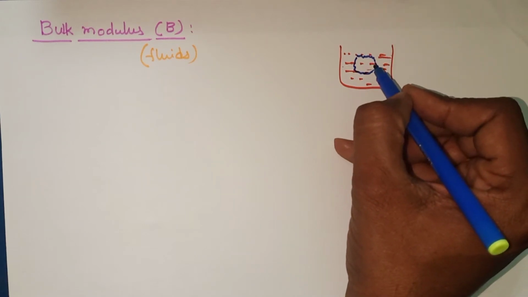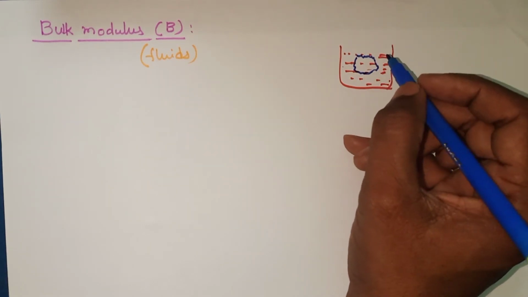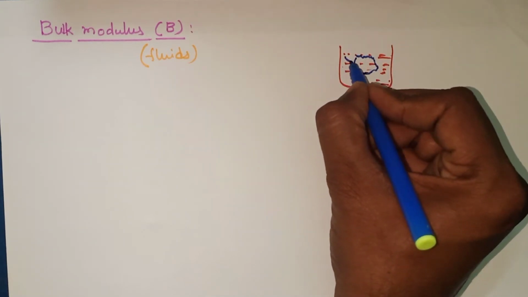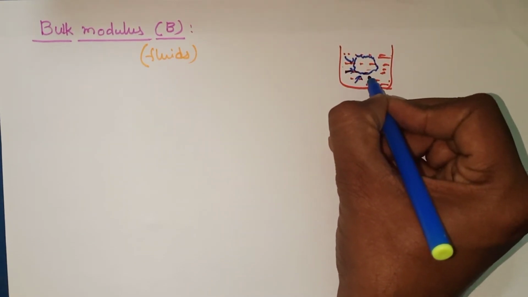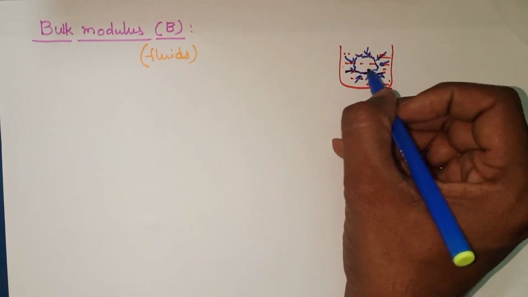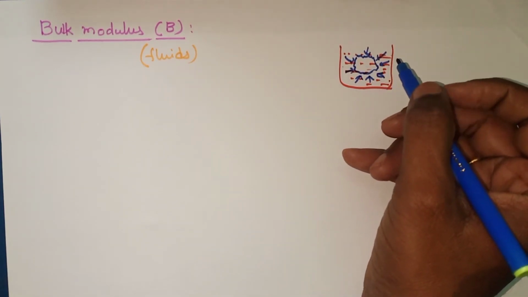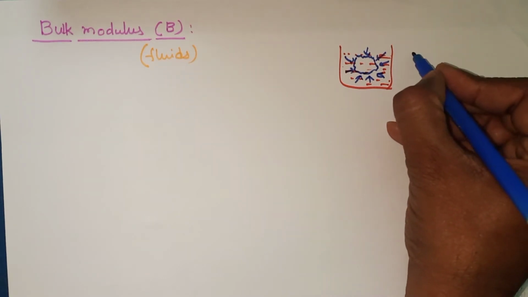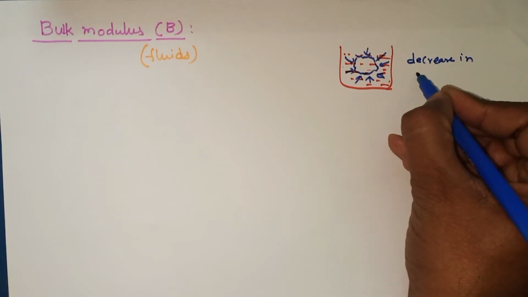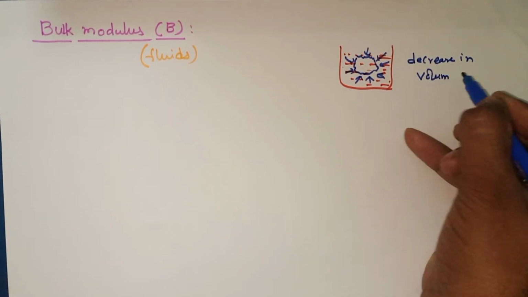Now what happens when it is submerged in the water? Water exerts pressure in all directions, but its shape may not change, yet a decrease in the volume of the body is observed.